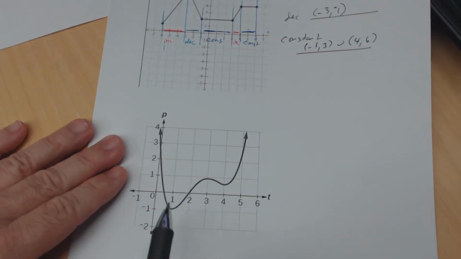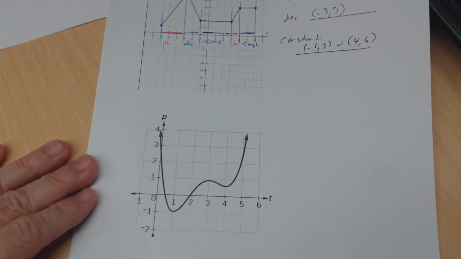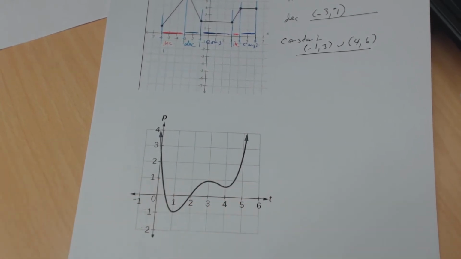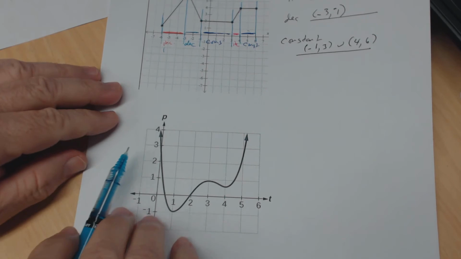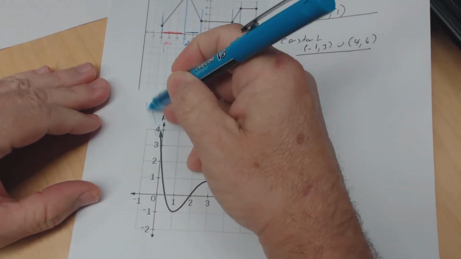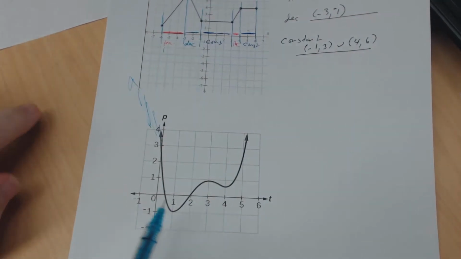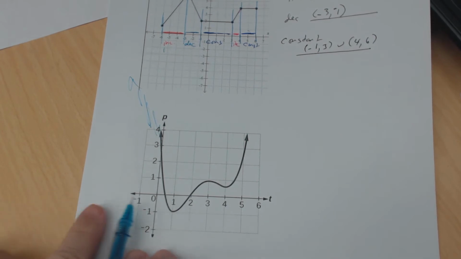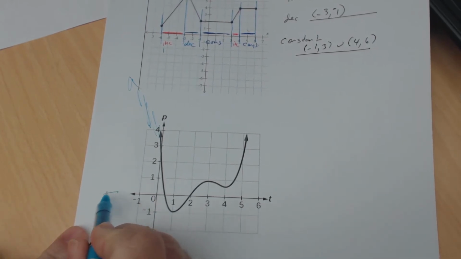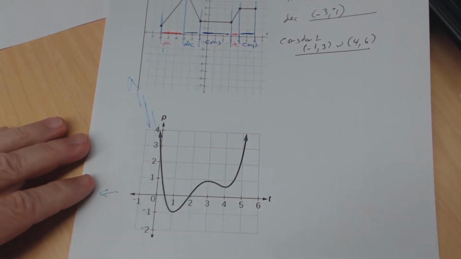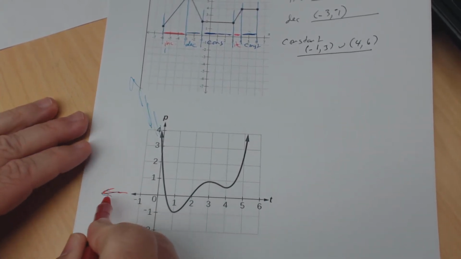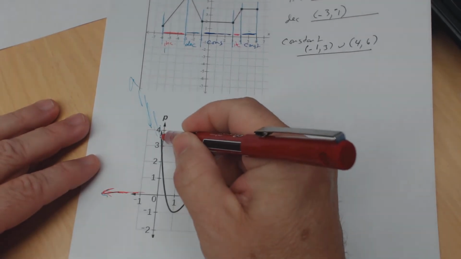Okay, next one. All right, so you have 2 arrows here. Again, you read a graph from left to right. As I go from left to right, remember the arrow keeps on going like this. So you're going from -infinity. I have an arrow here. Let me use red here. You're going from -infinity to, and remember your function's decreasing.